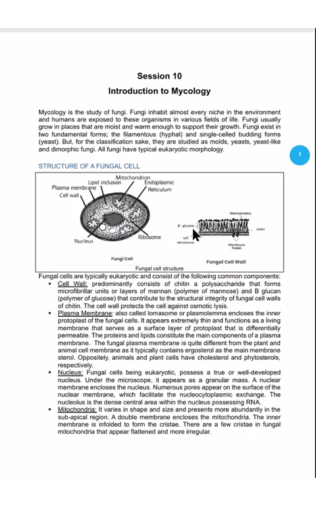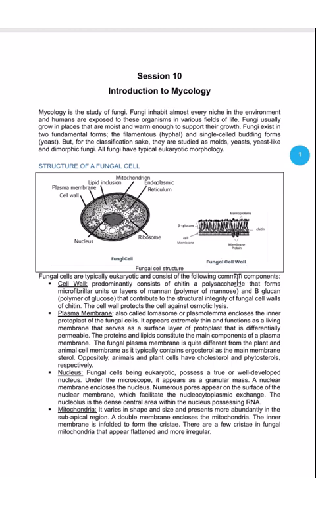So all these contribute to the rigidity of the cell wall, because the cell wall gives the shape of the fungal cell, and at the same time it has the function of preventing osmotic lysis. When we say osmotic lysis, because fungi, as we mentioned in the introduction, prefer the environment where there is water and humidity, definitely there will be an osmotic pressure difference between the cell and the environment where the fungi lives.